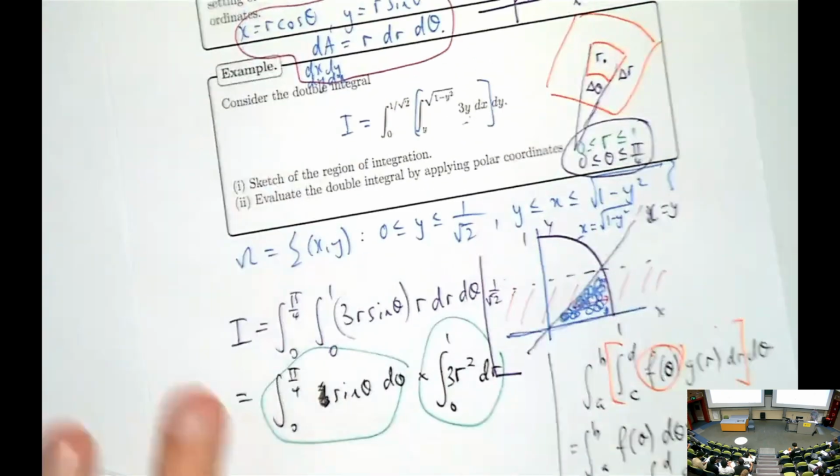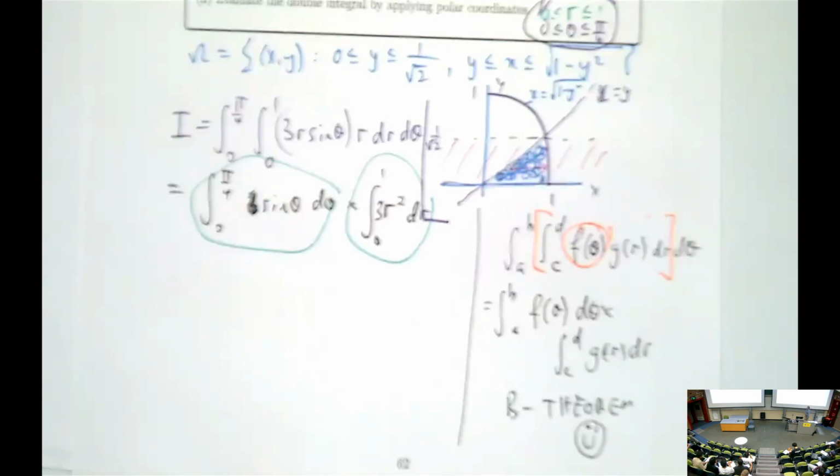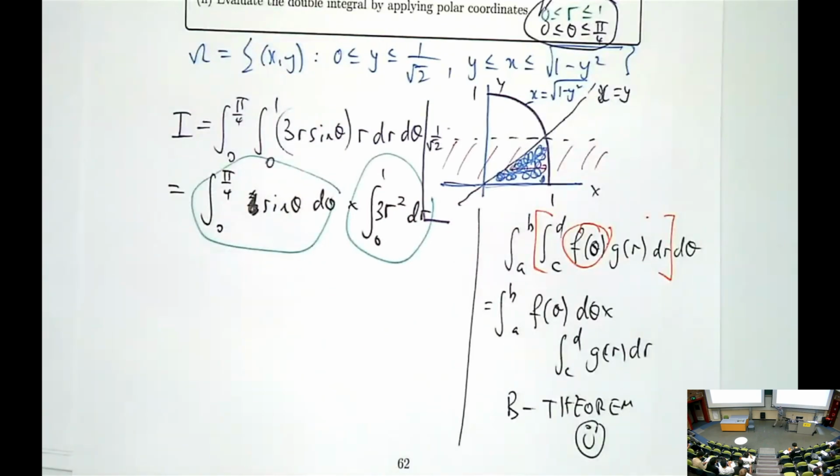B theorem. Now this only works with rectangles. You can't do it all the time, but it works with rectangles because rectangles are super simple integrals. You can turn them into products if the integrand is nice.